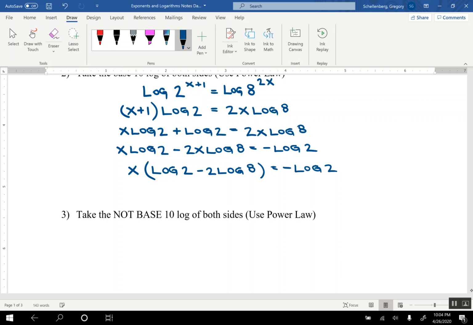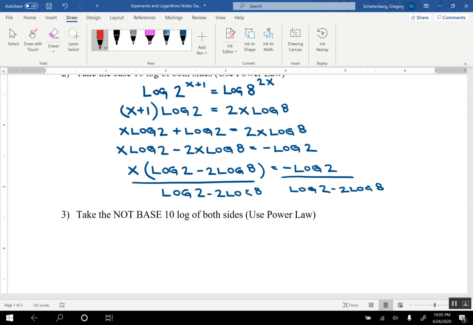And from here, we can divide both sides of the equation by those two terms in brackets, and that allows us to isolate x. So we're going to divide by log 2 minus 2 log 8, and same thing over here.